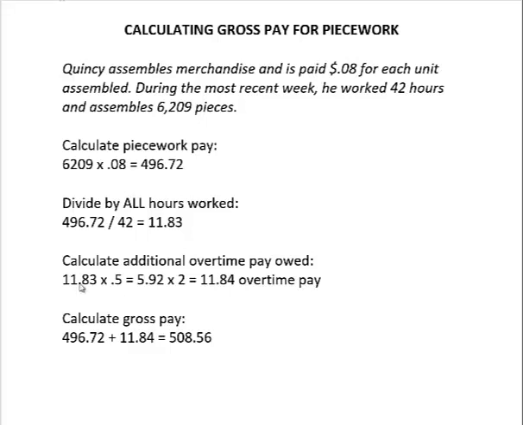So $11.83 times a half is $5.92 times the 2 hours worked gives him total overtime pay of $11.84. Then we'll come down and add that to his piecework pay to give him gross pay of $508.56.